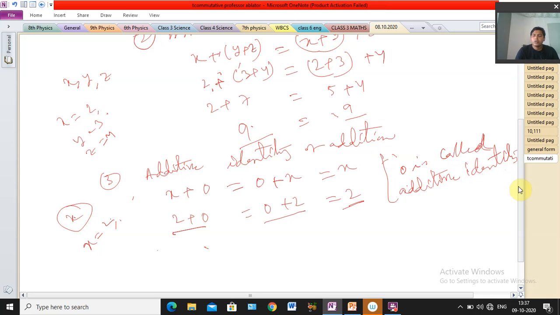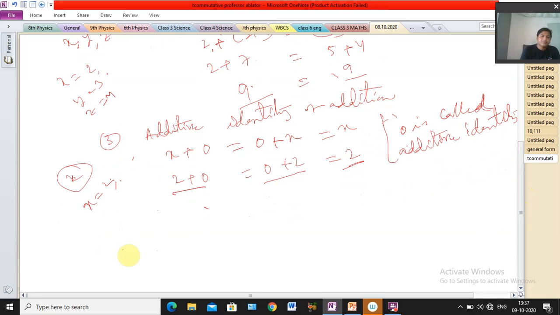Point number 4, or property number 4, is called additive inverse. Additive inverse of addition. So what is this, sir?